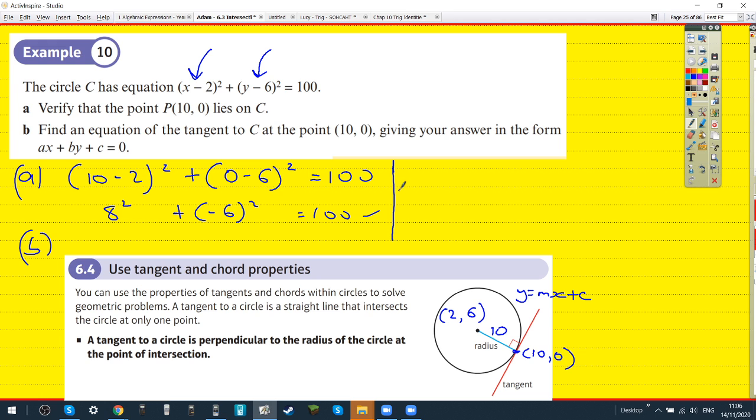You get y at 6 equals 2m plus c. So 2m plus c is 6. And you previously said 0 equals 10m plus c. And then can we do it as a simultaneous equation? Yep.